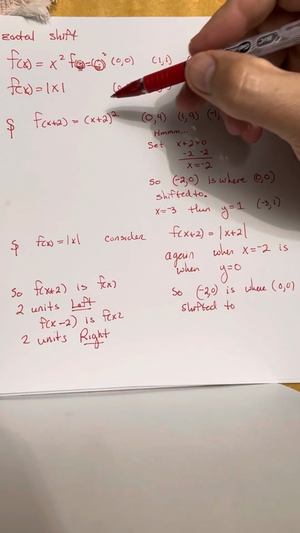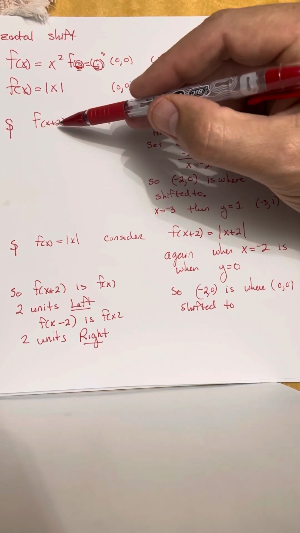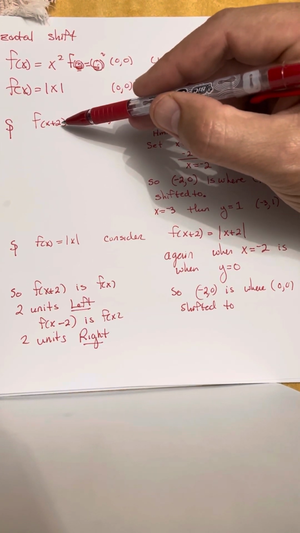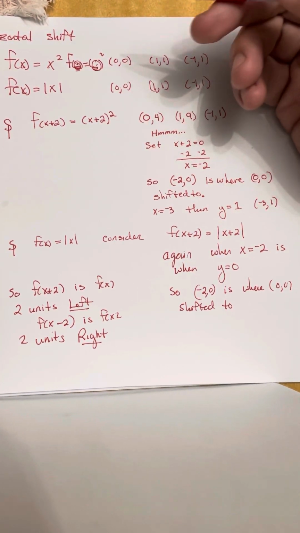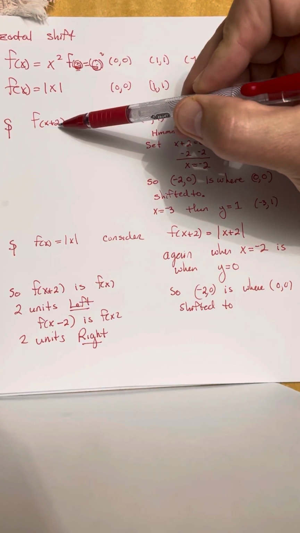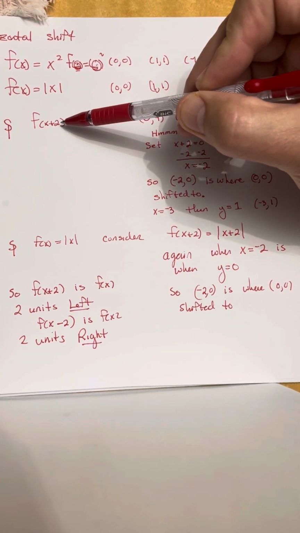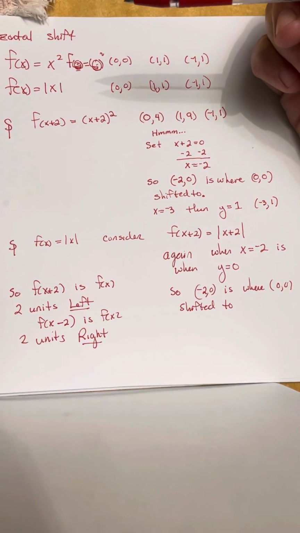Now, instead of x, we're thinking about it as shifting it x plus 2. Maybe I'm saying that poorly, but basically whatever your x was before, we're now adding two units to it. And the effect is going to seem a little strange.